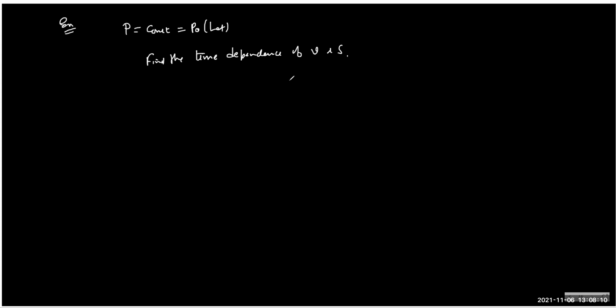So the power is fixed. What is the time dependence of velocity? I want to find the velocity as a function of time t and displacement as a function of time t. Let m be the mass of the particle.